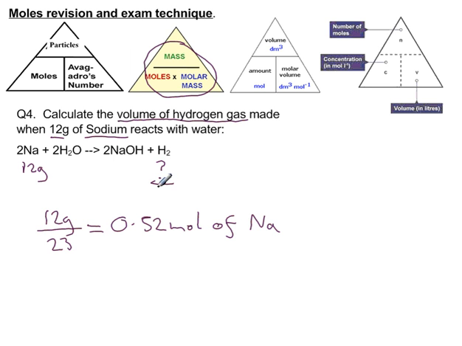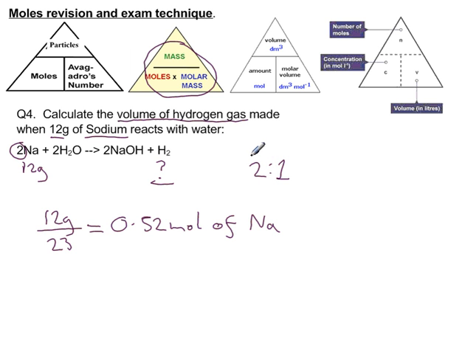So we know about the sodium. How do we get to the hydrogen gas? Again, at this stage, you use the coefficients, the big numbers in front. We have a 2 in front of the sodium, and there isn't a number in front of the hydrogen, so we can assume that that is 1. So we always use these ratios to work out the unknown chemical. The ratio here is 2 to 1.